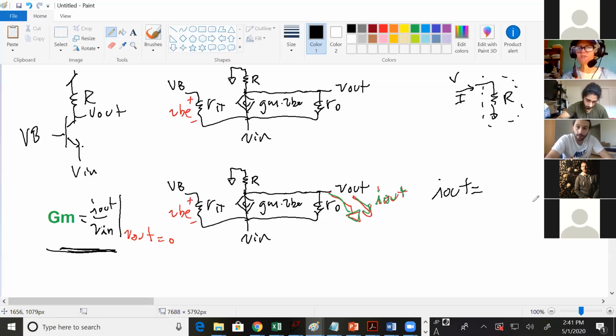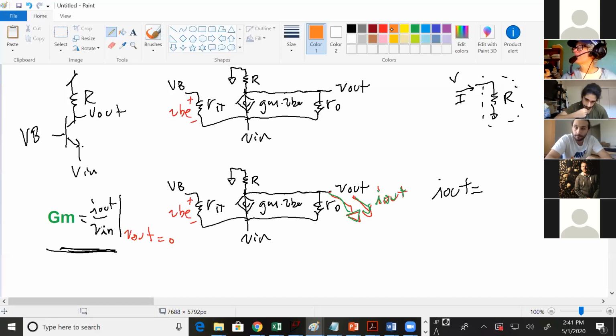Let's see if there's anything to simplify. That's always the next step. Is there anything you saw that you could get rid of? R pi and R out are in parallel? Okay, so that's something to be careful of. Is RO and R in parallel?